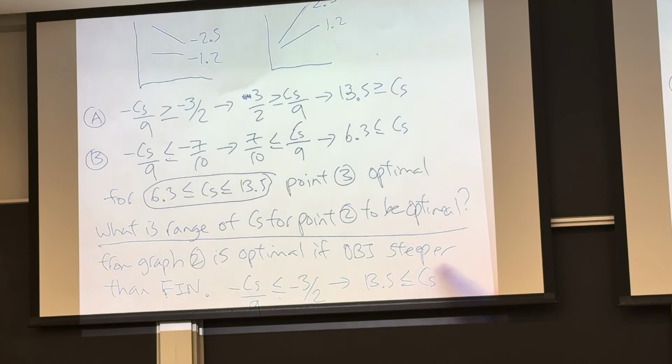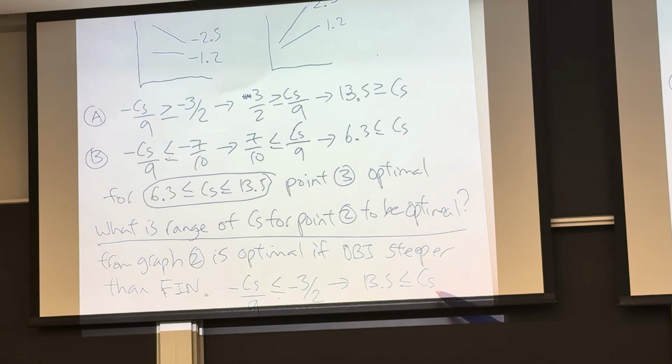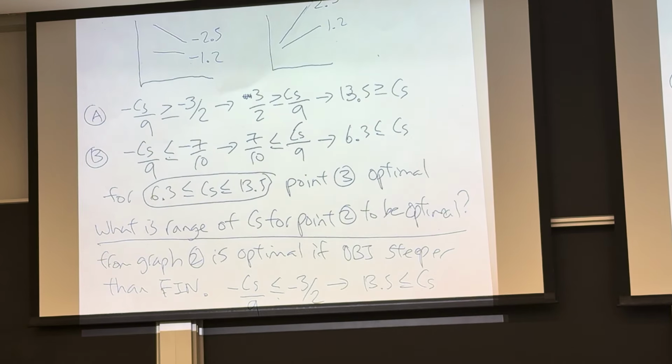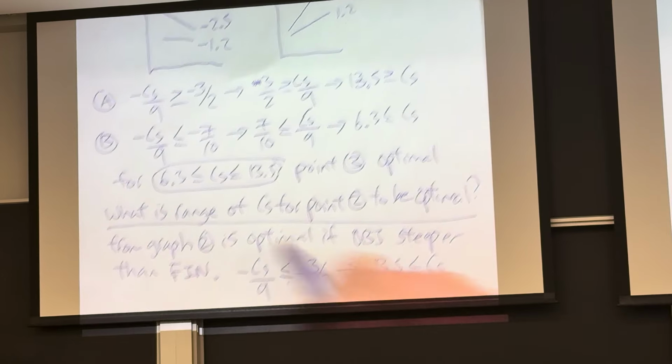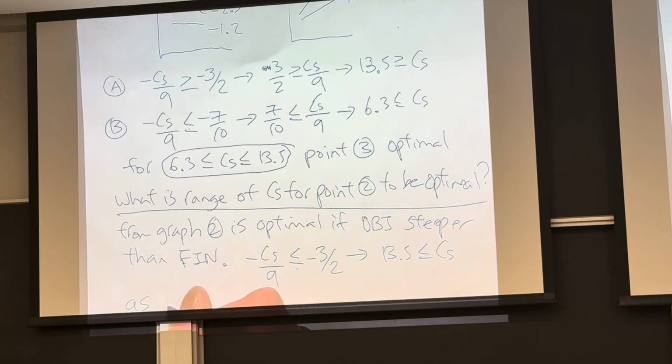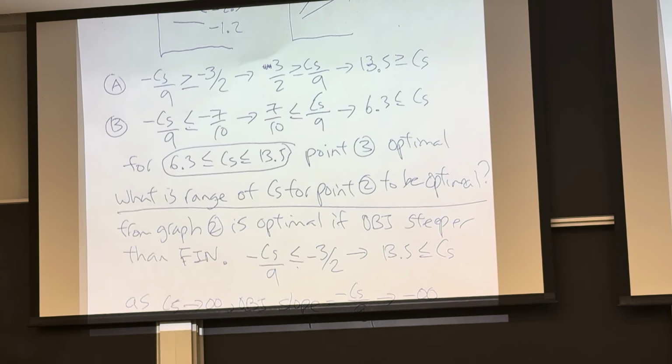But will there be an upper limit like that one? Well, you're going to have to look at the graph here. As CS gets bigger and bigger, the objective slope, which is equal to minus CS over 9, with CS at 1 million, 10 million, becomes minus infinity, right?